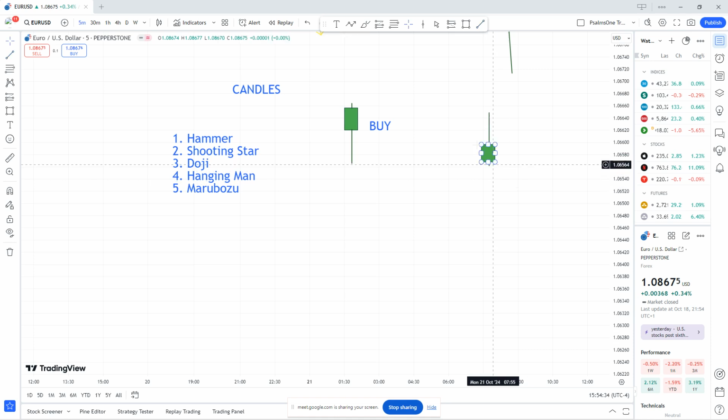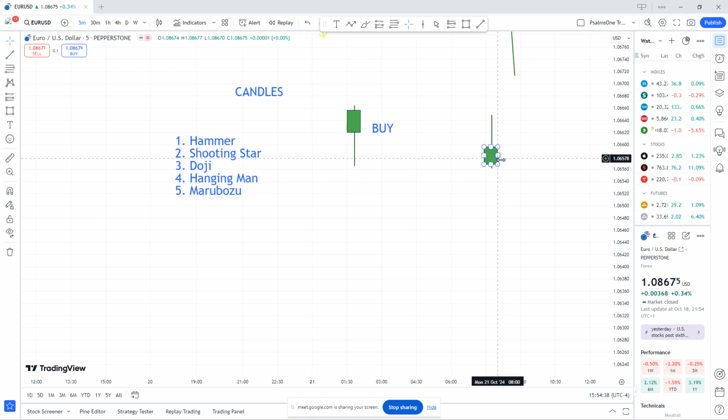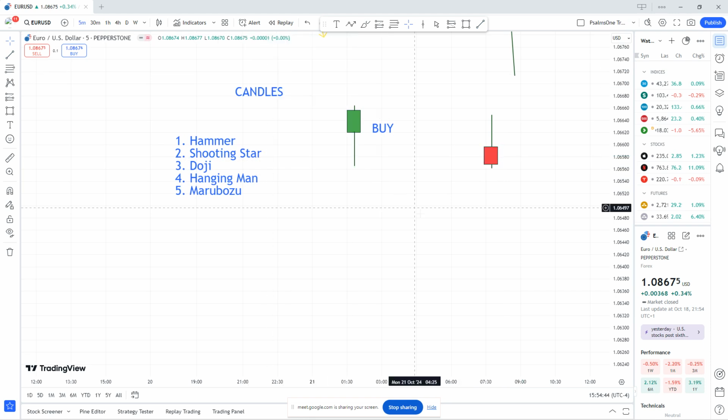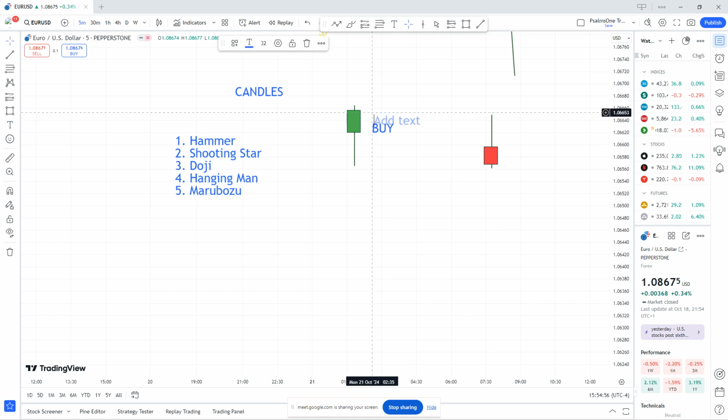The color usually should be red. Some people call it an inverted hammer or shooting star. Let me write the names. This is the hammer.